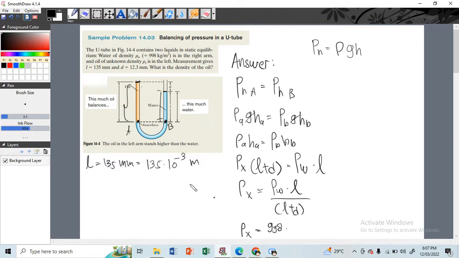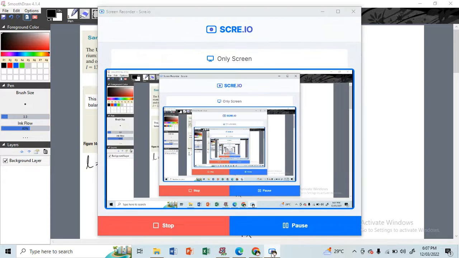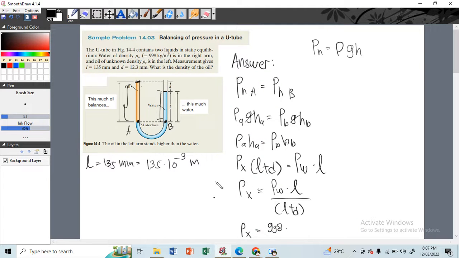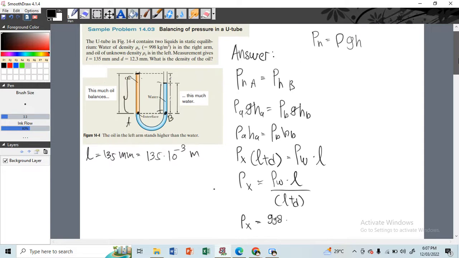So 135 millimeter to meter, we know it. It's 135 times 10 to the power of minus 3 meter.